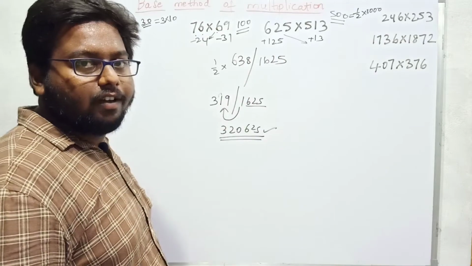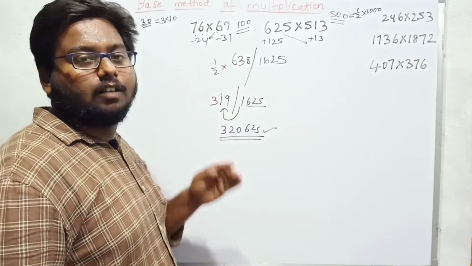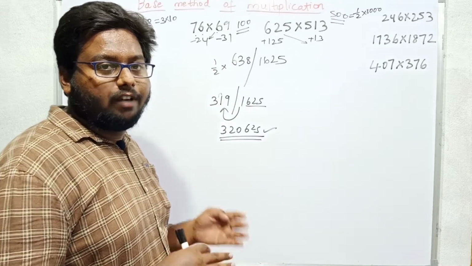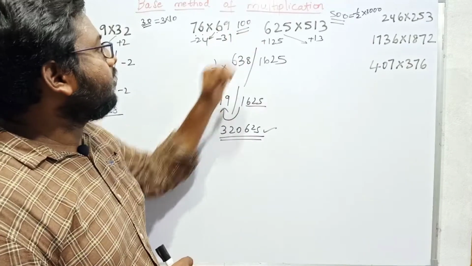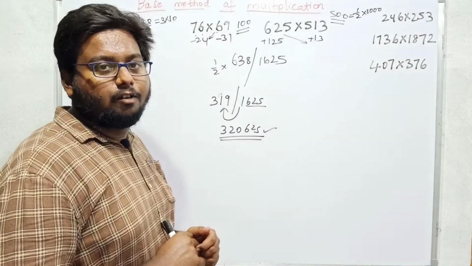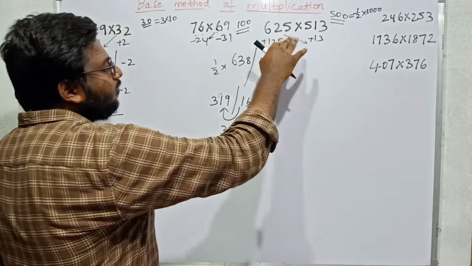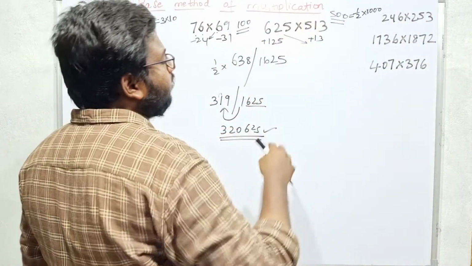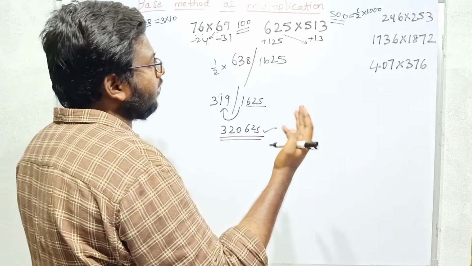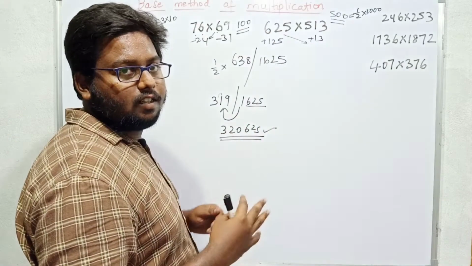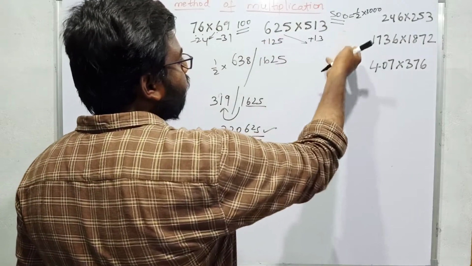You don't need to go through this, because I already discussed how to multiply any number with 625. The partner for 625 is 5 power 5. The multiplication factor for 5 power 5 will be 2 power 5, and for 5 power 4 it is 2 power 4, which is nothing but 16. If you divide this by 16, 16 3s is 48, and 3 will be the remainder, 16 2s is 32, into 10,000, because 625 times 16 is 10,000. 32 beside 4 zeros plus 625 into 1, the remainder.